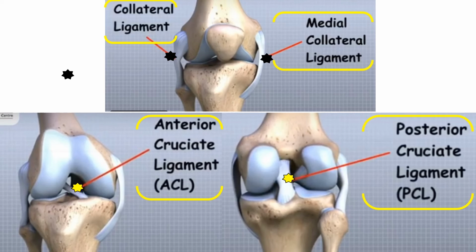So when the anterior cruciate ligament goes laterally and the posterior cruciate ligament goes medially, they cross each other, and that is why they are called cruciate ligaments.